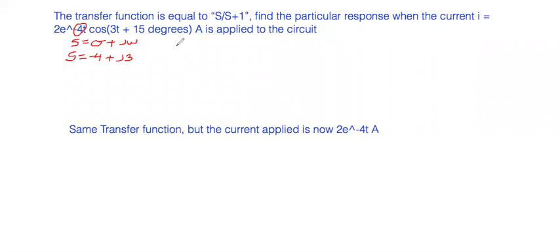So then our equation becomes negative 4 plus J3 divided by negative 4 plus J3 plus 1, again due to our original equation, which then turns into negative 4 plus J3 divided by negative 3 plus J3.